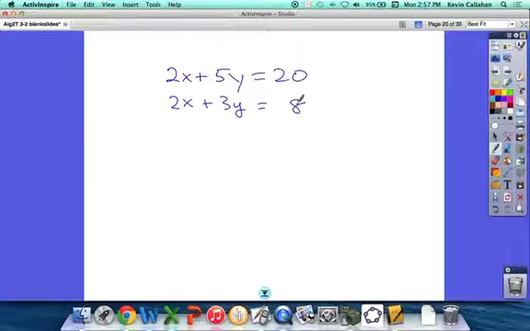What if you subtracted one from the other? Yeah, I mean, in effect, subtracting one from the other is the same thing as multiplying everything by negative 1 and then adding them. And honestly, I would not take the step of multiplying by negative 1. I would just say, I'm going to subtract that equation minus that equation. 2x minus 2x cancels. 5y minus 3y is 2y. 20 minus 8 is 12. Y equals 6.